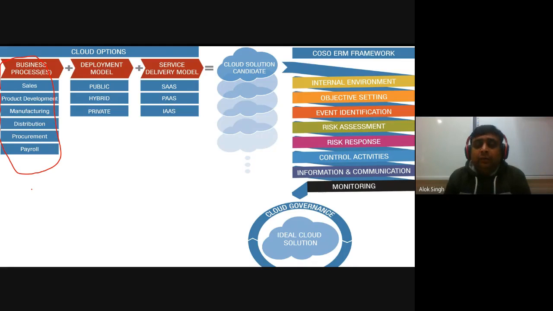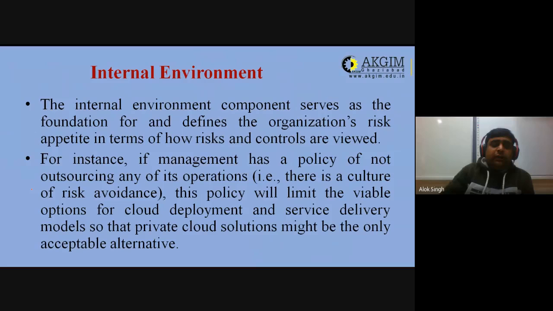Ideal cloud solution. So COSO has recommended a framework that you should adopt to mitigate such risk in this situation. What is the first step of this COSO ERM framework? Assess the internal environment. The internal environment component serves as the foundation for and defines the organization's risk appetite in terms of how risk and controls are viewed.